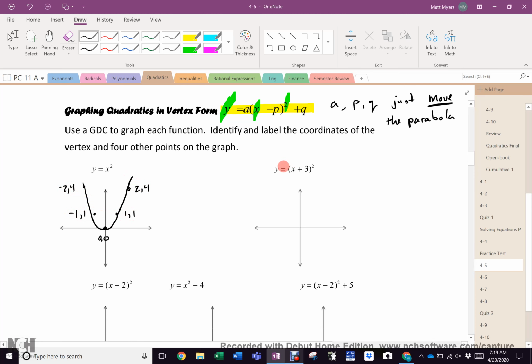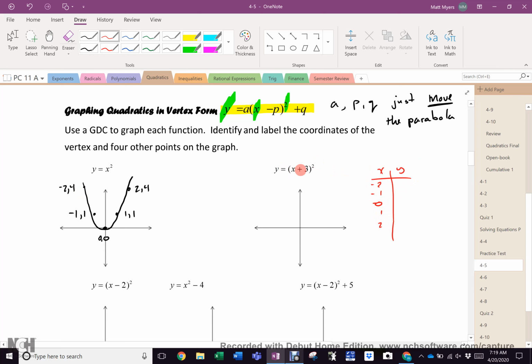Now, look at this one. If I said graph this, you'd make your good old T-chart from the 9th grade. And let's use negative 2, negative 1, 0, 1, 2. Negative 2 plus 3 squared.